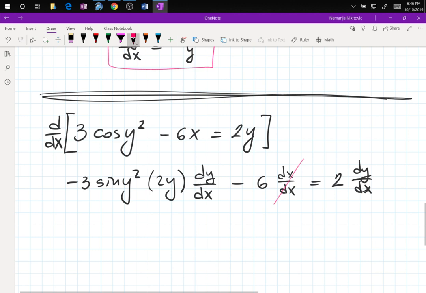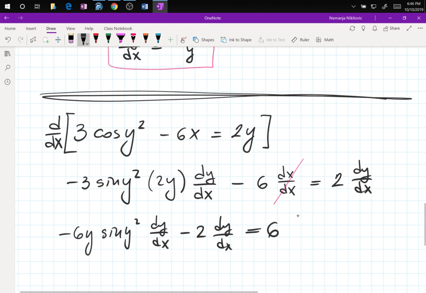So the first order of business is to move all dy dx terms to the left and all of the terms that have no dy dx to the right. Now in our case, we get negative 6y sine y squared dy dx minus 2 dy dx equals positive 6, right? When you cancel this dx, negative 6 stays alone. Kick that to the other side, and you have positive 6.